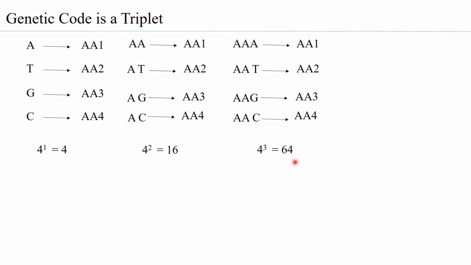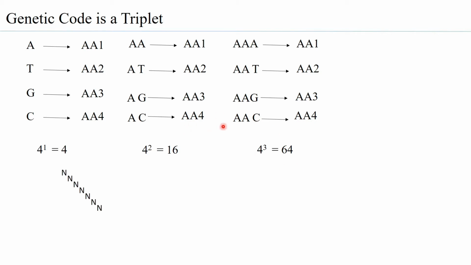What is interesting to note is that you now have extra codons for these amino acids, indicating that one amino acid can be coded for by more than one codon. And that is actually the case, because the genetic code is also degenerate.